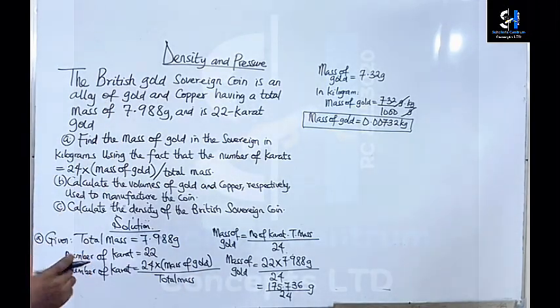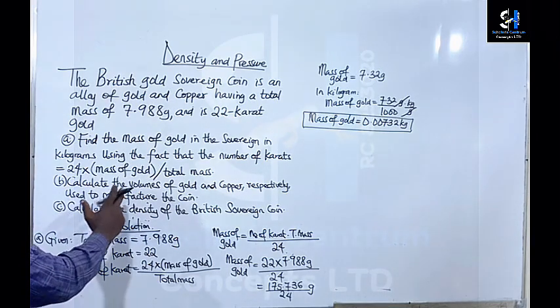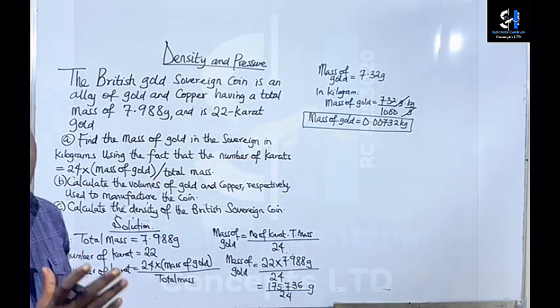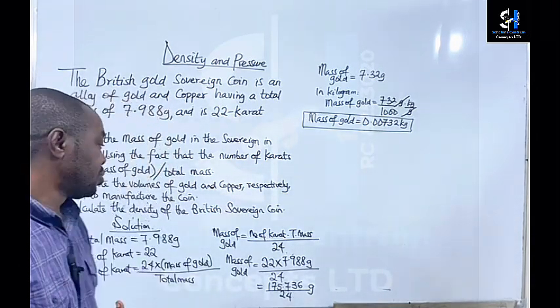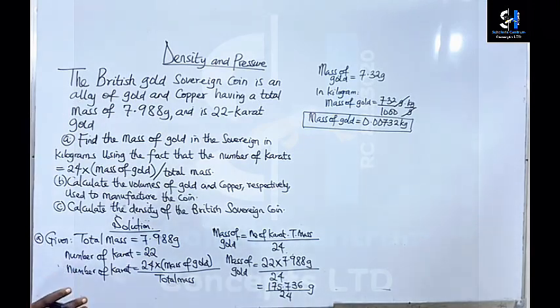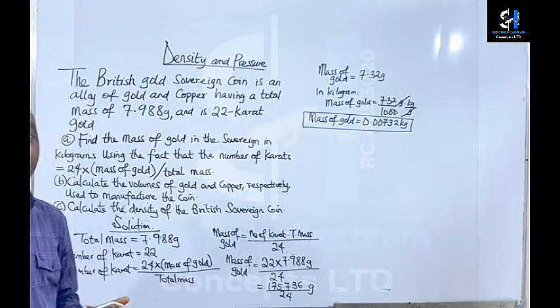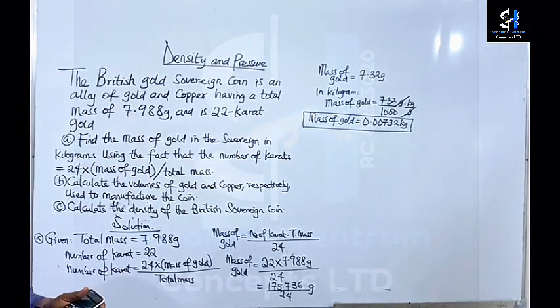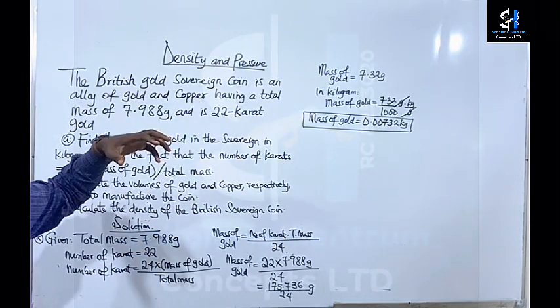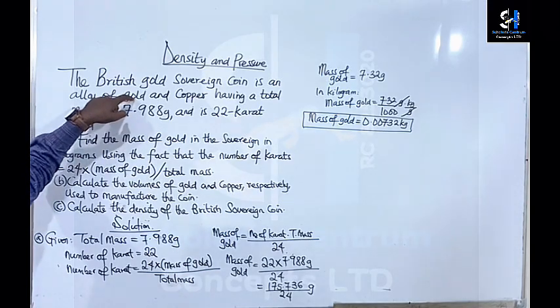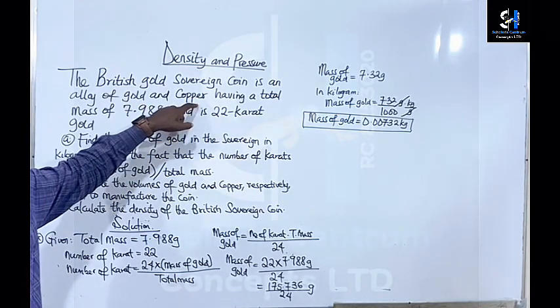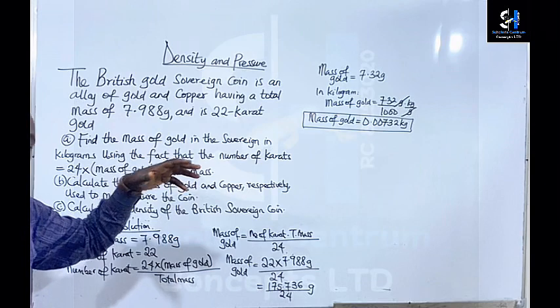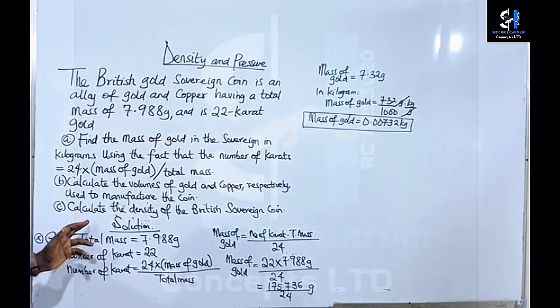Now the second question is for us to calculate the volumes of gold and copper respectively. Because we know that the British gold sovereign coin is an alloy of gold and copper, we want to know the volume of gold and the volume of copper. When we know the volume for each, that will help us in answering the third question.